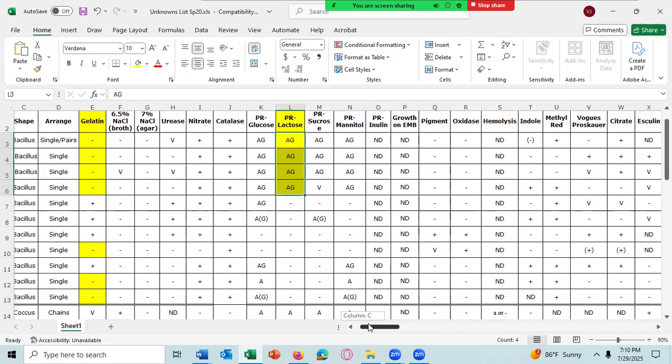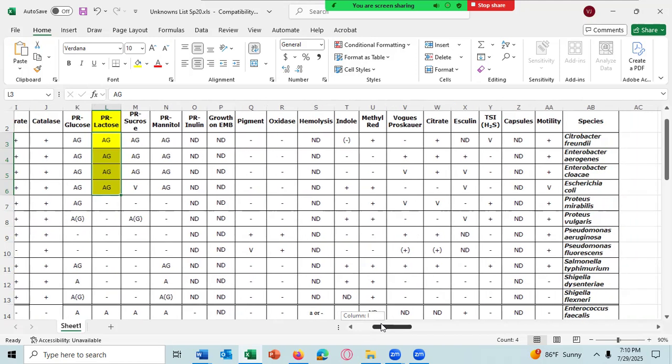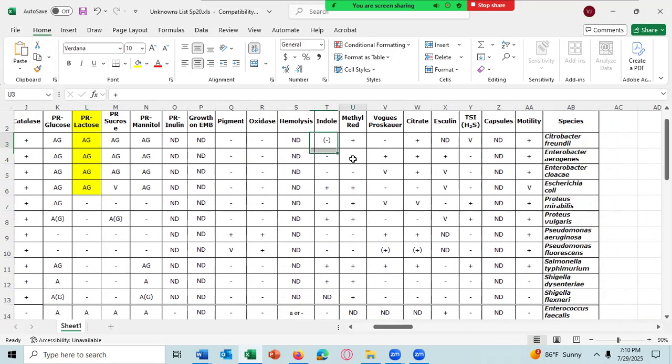A good test to run would be something like methyl-red, because if it's positive, it narrows it down to only 2. But you could do something else, like the VP test, and if it's positive, you've narrowed it down to 2 there.